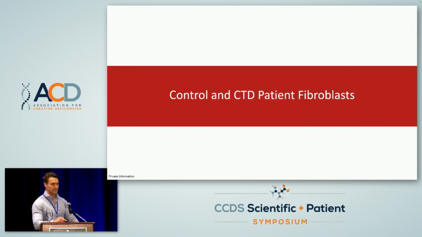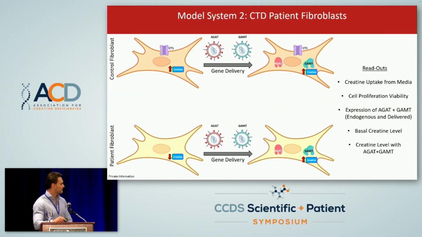Then we wanted to take this strategy that we had pioneered in HEK cells by transient overexpression and develop the actual lentivirus to deliver it to patient fibroblasts. We started out with a control fibroblast line, which expresses CT1 and presumably has a slightly higher level of creatine.